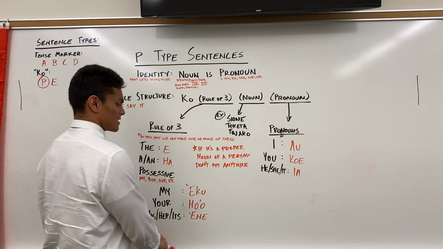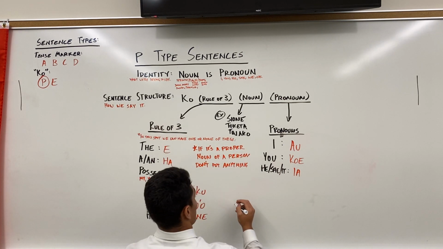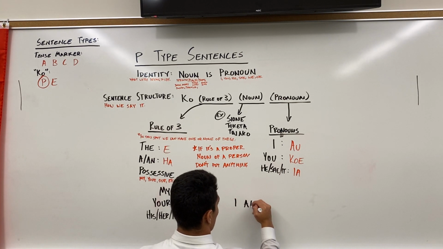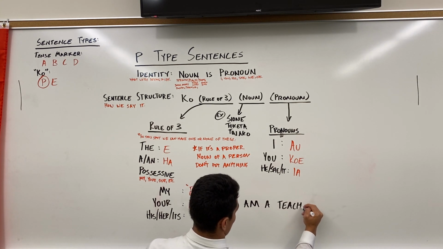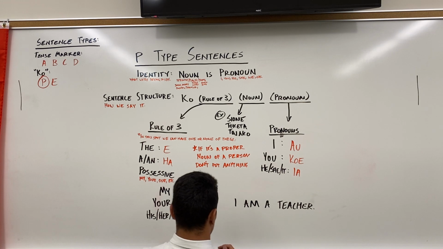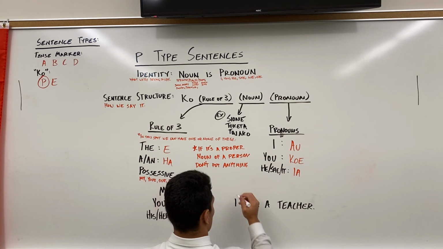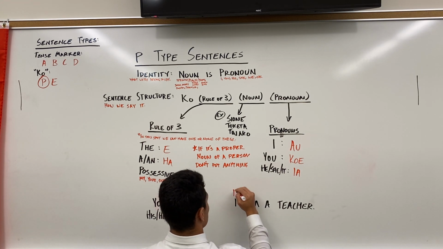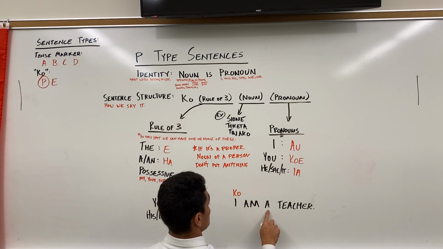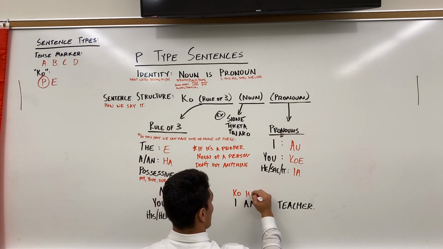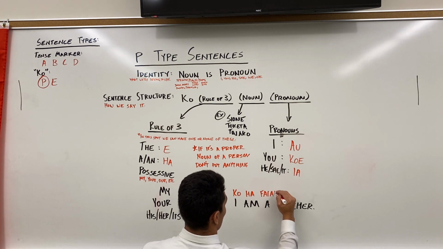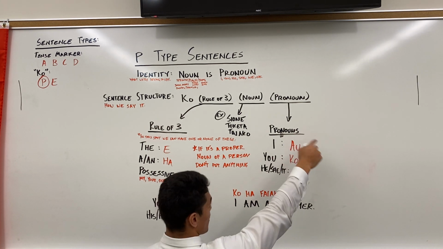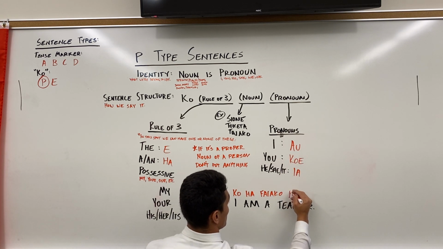And so let's write these down because this will help. I am a teacher. Always start with go, so we're going to say go, and then since we're saying a teacher, we're going to say ha, and then our noun, which is fai ako, and then our postposed pronoun, which in this case is ao.